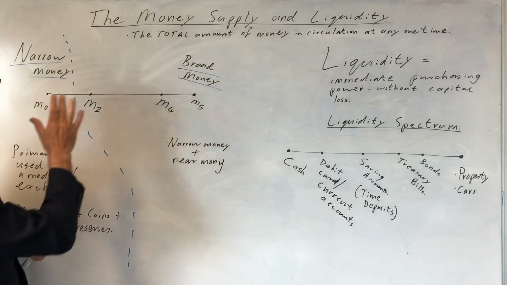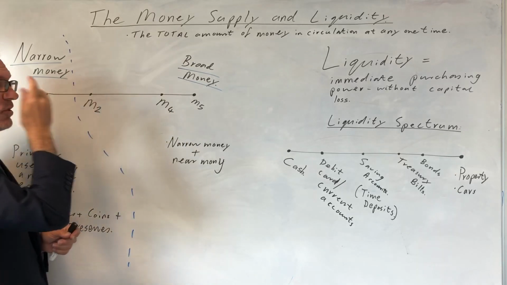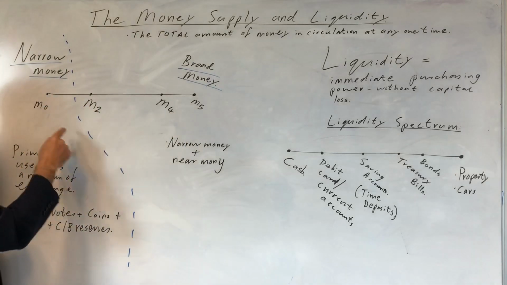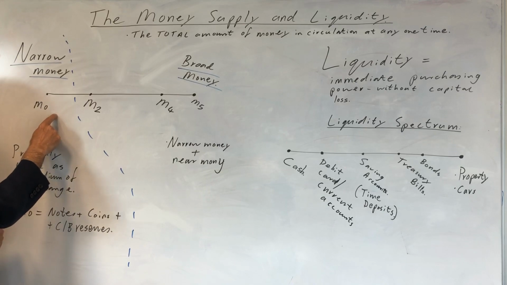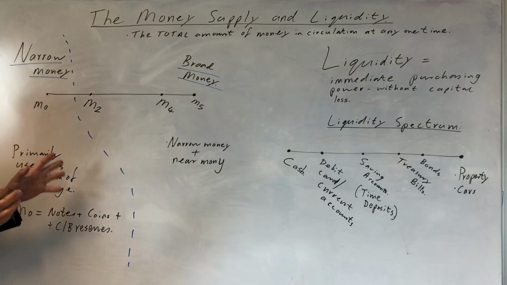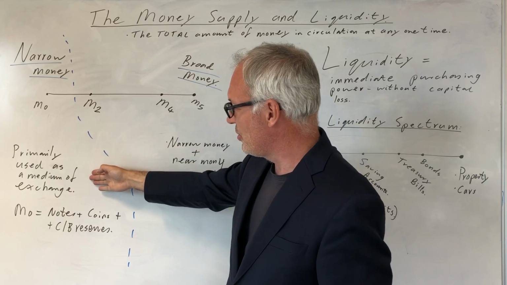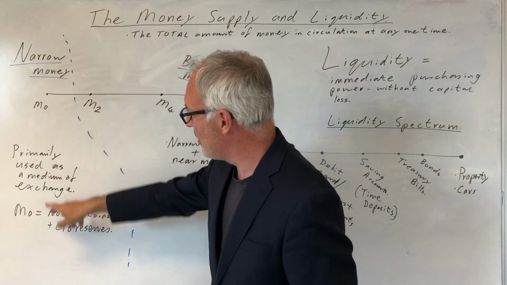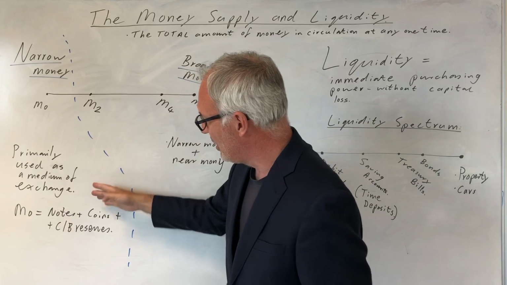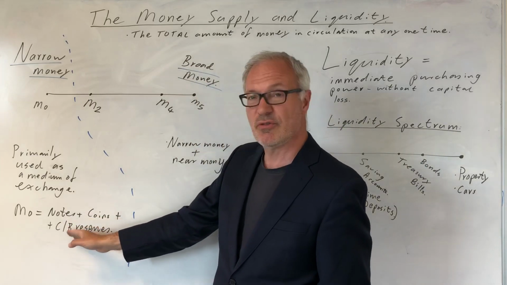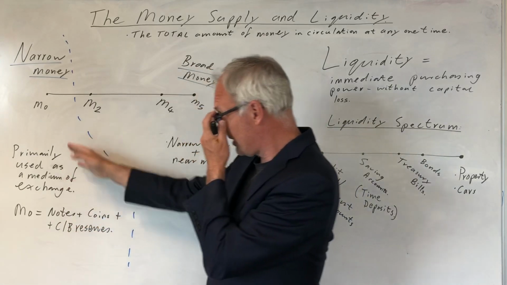So what do we mean by narrow money? Narrow money in Britain is represented by M0, and it's primarily used as a medium of exchange. In terms of M0, we're talking about notes and coins, and reserves of banks at the central bank, or the Bank of England in this case.